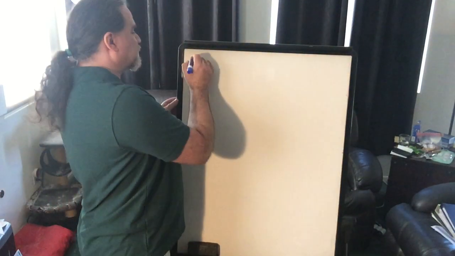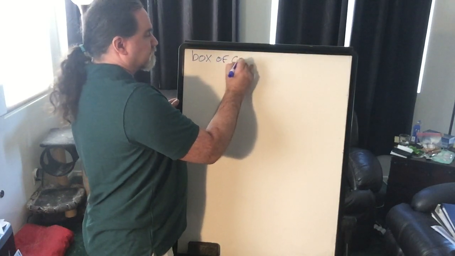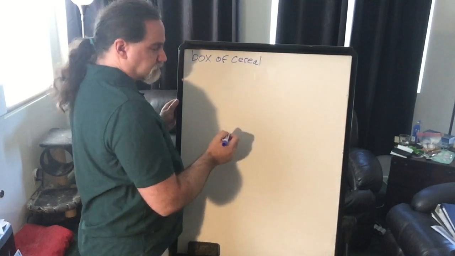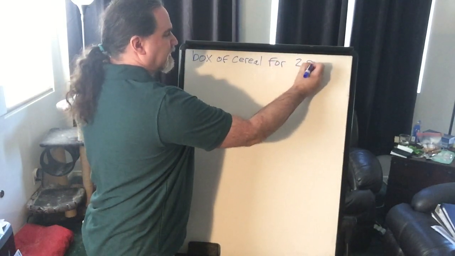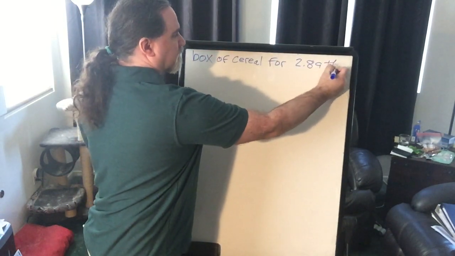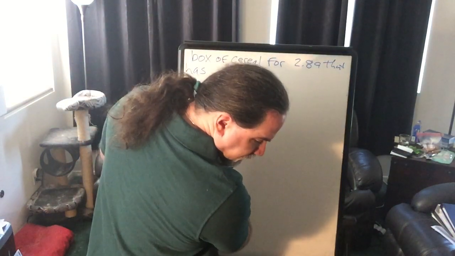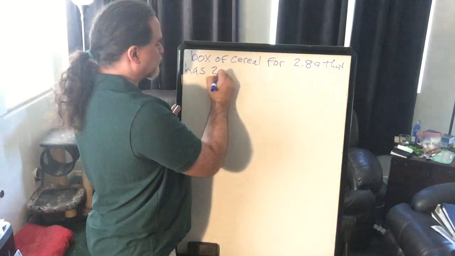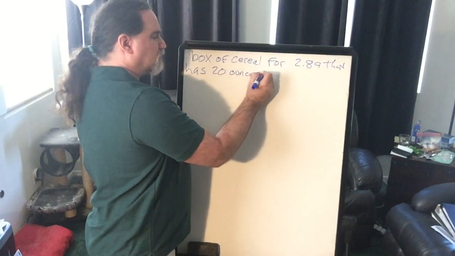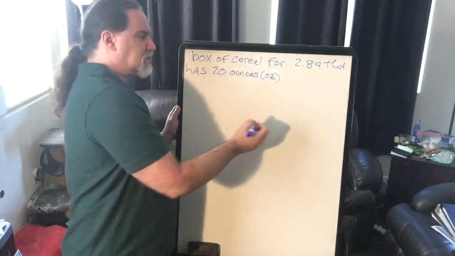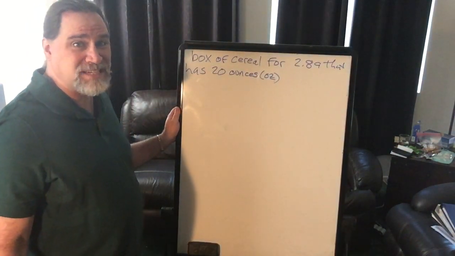So you can get a box of cereal for $2.89 that has 20 ounces. And by the way, ounces is abbreviated OZ. It's another one of those welcome to the wonderful world of we take words from Latin.